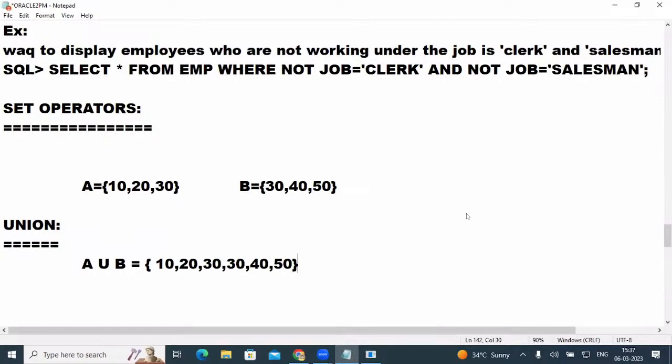Only one time, not two times. I'm asking union, yaar. Only one time, union? Not two times. Tell me how many people are sure, only one time, raise your hand. Only these people.